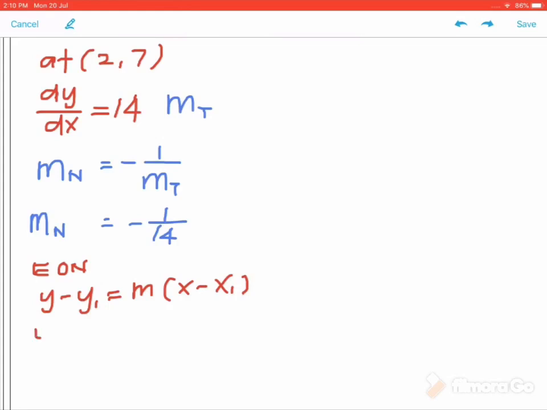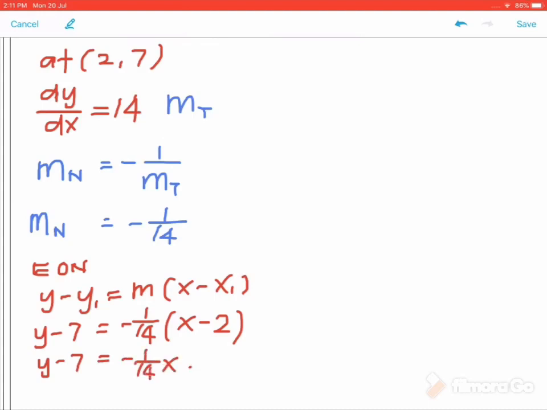So you will get y minus 7 is equal to negative 1 over 14 (x minus 2). The same thing, we try to simplify it. So you will get y minus 7 is equal to negative 1 over 14 x plus 1 over 7.